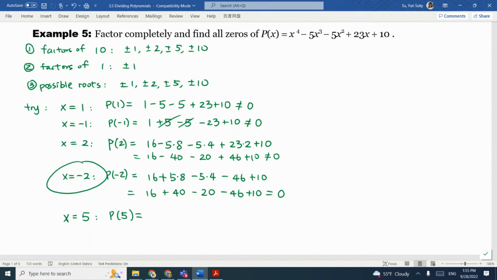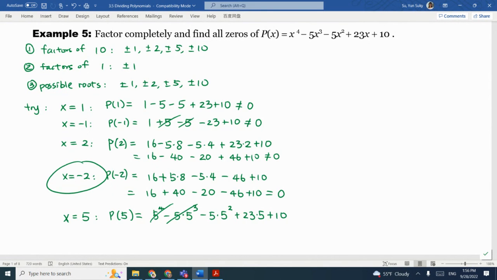All right, so 5. 5 to the 4th minus 5 times 5 cubed minus 5 times 5 squared plus 23 times 5 plus 10. Do you see this is 5 to the 4th? This is also 5 to the 4th. Yes, 5 times 5 cubed is 5 to the 4th. So they cancel.